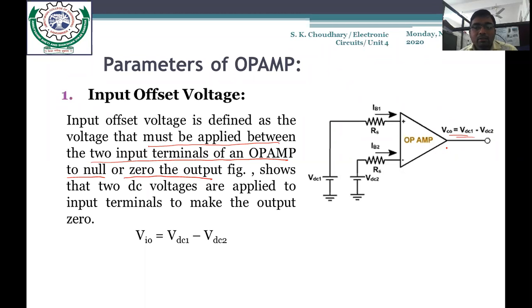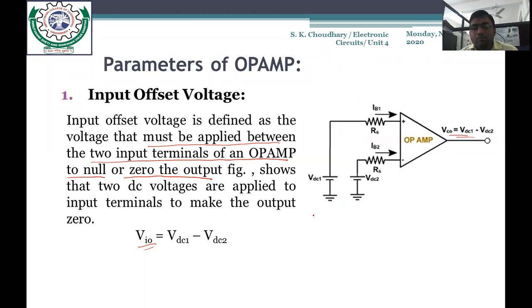So our aim is to make this offset voltage 0. For this purpose, we have to apply a voltage in between this inverting and non-inverting terminal, and the amount of voltage that would be applied to these two terminals that would make your output voltage 0, that is called the input offset voltage, and it is written as VIO.